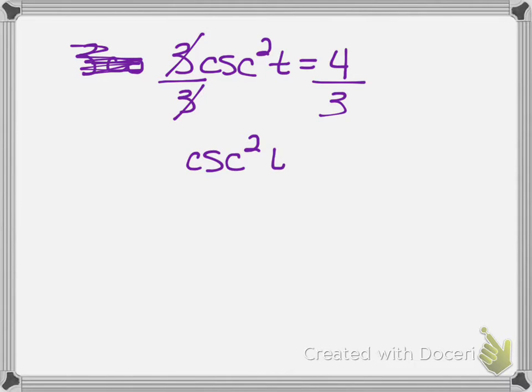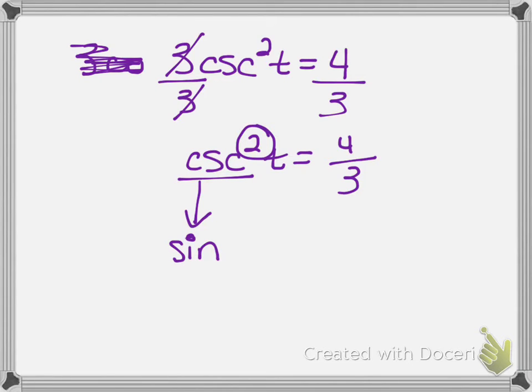And then the next thing that you would have had to deal with is you would have gotten rid of the squared, so you would have square rooted both sides, and then you're going to rewrite it so that you can not have it in terms of cosecant. And so when you get to that step, you just need to remember that cosecant and sine are reciprocals of each other. And then of course you guys can always let me know if you need me to actually work through this the rest of the way for you.